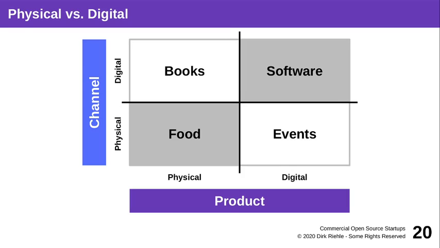If you have a physical product, then you can communicate about it physically by putting flyers and coupons into people's mailboxes, and they still have to go to the supermarket and pick up the food. So that's all physical. In software, it's all pretty digital, or much of it is digital.